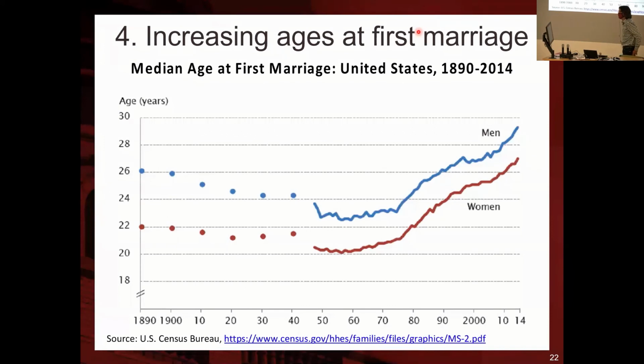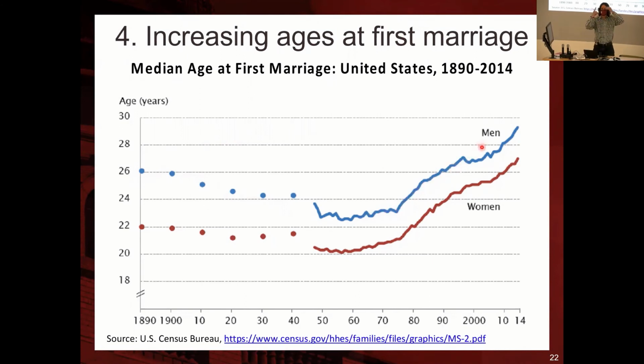Increasing ages at first marriage. So here's pretty much the median age at first marriage. It was one thing that you see for both men and women. It was higher in 1890, and then it declined in the 50s. And then it started to increase around the 60s and 70s for both men and women.